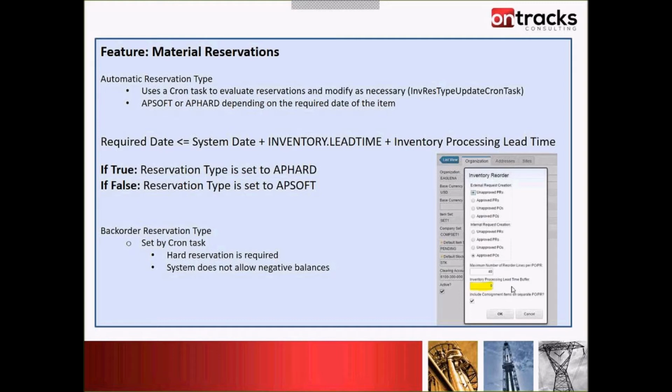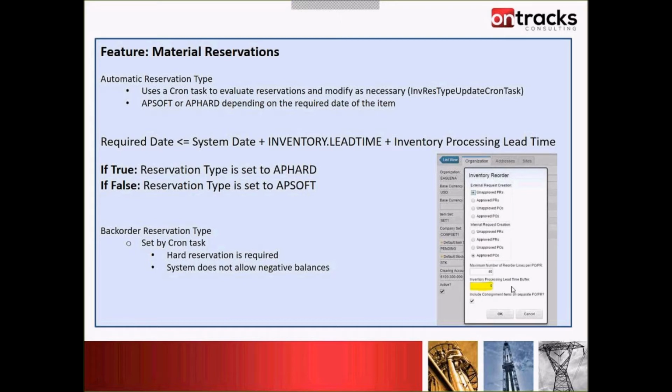It's going to set it to AP soft. AP hard is going to decrement the quantity available. AP soft will not. There's also another reservation type that you can't actually set, and that's called backorder.